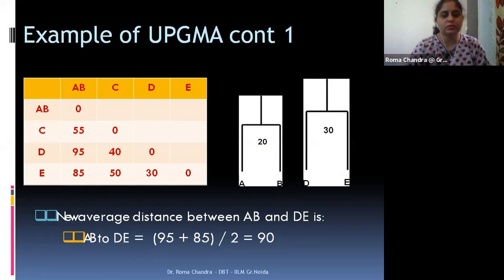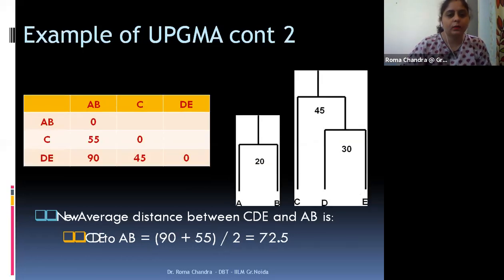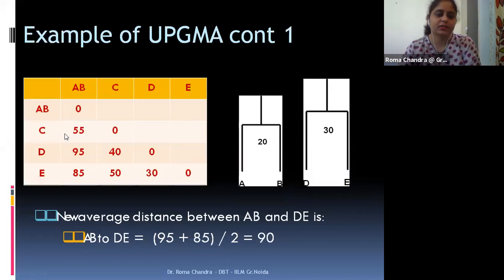So we need to take the average distance again. You can see here that we have merged the columns D and E. Here you will see I merged the columns and merged the rows.